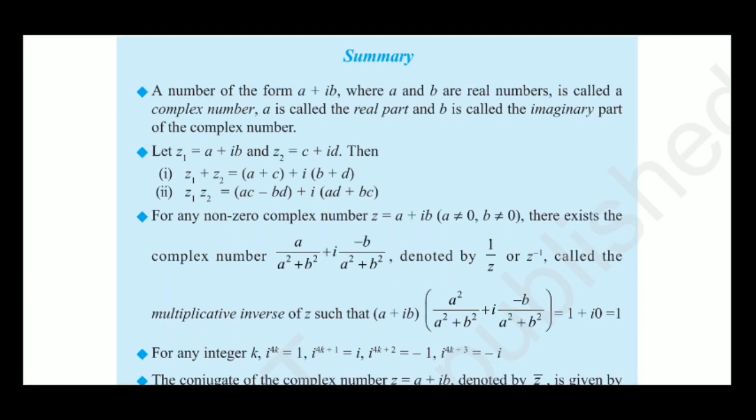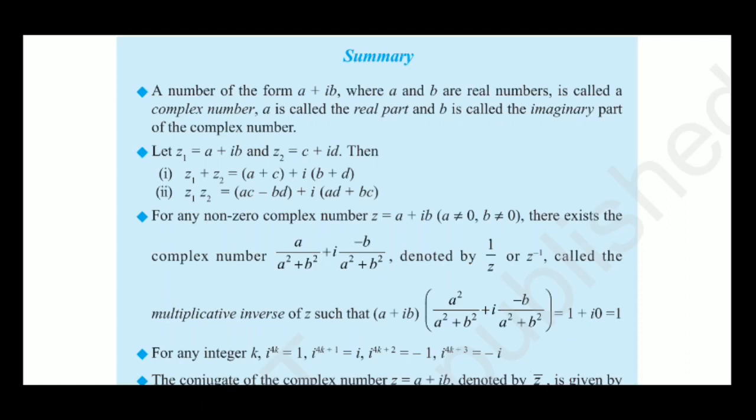First point, the definition of the complex number. A number of the form a plus iota b, where a and b both are real, is called a complex number, and a is called the real part and b is called the imaginary part of the complex number.